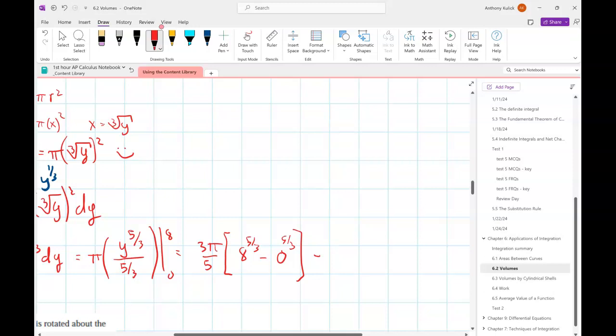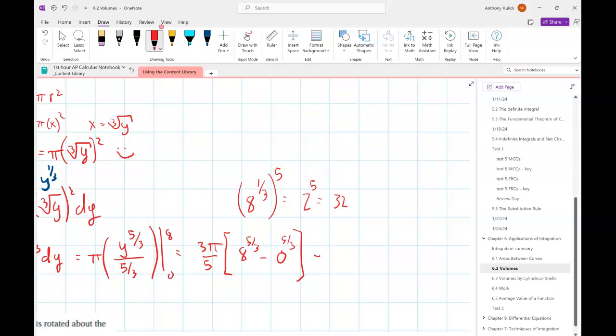And 8 to the 5/3 is, can you do it in your head? Let's see. So we have 8 to the 1/3 to the 5th. So 8 to the 1/3 is 2. 2 to the 5th is 32.